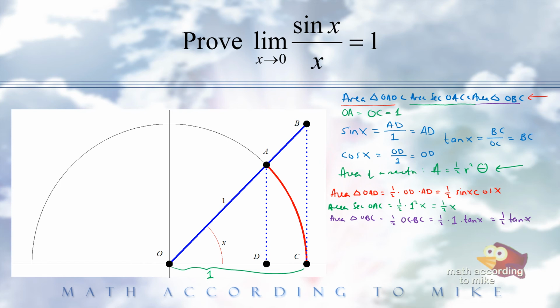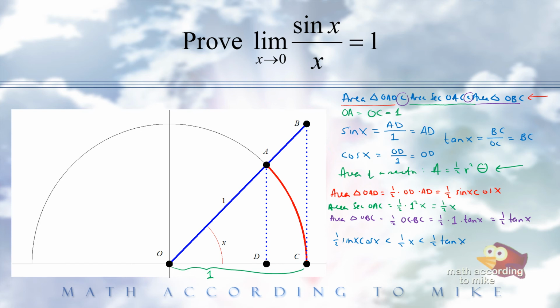Great. So putting this together in this string, focusing on those inequalities, we have 1/2 sine of x cosine of x is less than 1/2 x is less than 1/2 tangent of x. If we multiplied everything by 2, that would knock off the halves, so I'm not going to write the halves anymore.